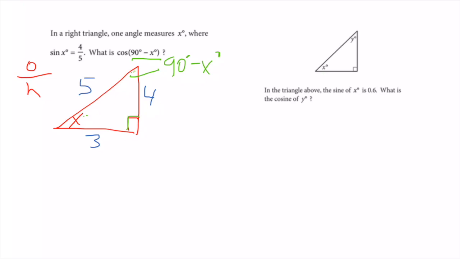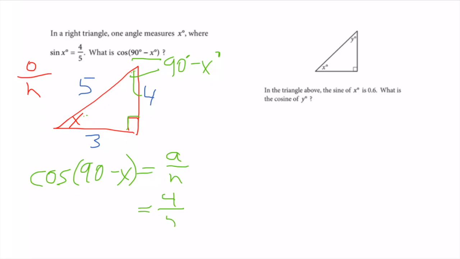The cos of 90 minus x equals cos again, adjacent over hypotenuse. Adjacent to this is right next door, so again it's 4, hypotenuse is still 5. So it represents the same thing.